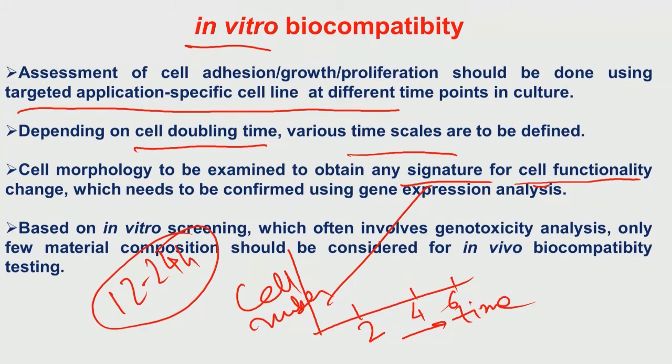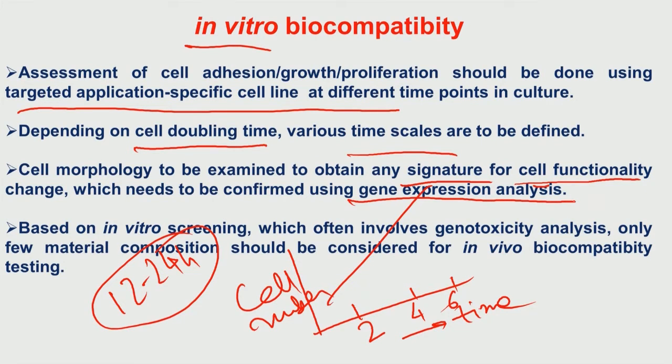These microscopes, let me tell you at this point, are different from the microscopes widely used in the material science discipline, where we mostly use scanning electron microscope or transmission electron microscope. For cell biology related analysis, one has to use the fluorescence microscope or confocal microscope, and also one has to do gene expression analysis.